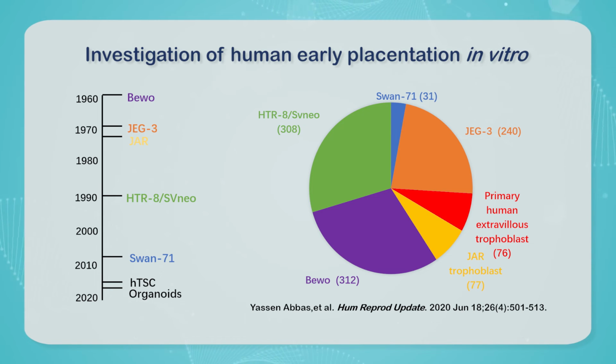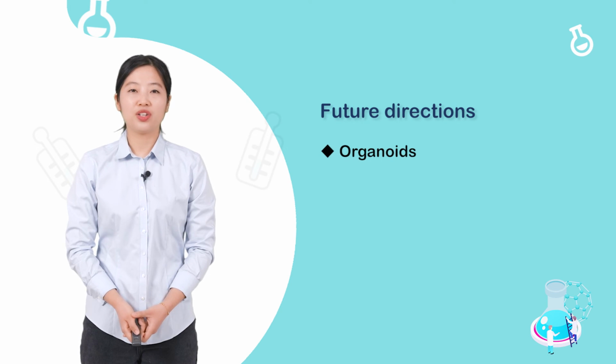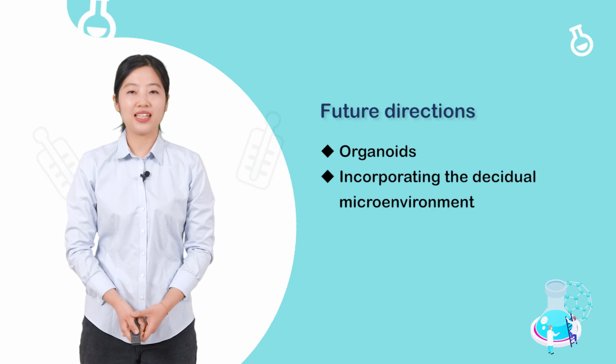Long-term expanding organoid cultures from purified first trimester cytotrophoblasts or human trophoblast stem cells, also known as trophoblast organoids, are also being demonstrated. In the future, the application of organoid culture systems, as well as co-culture of trophoblasts with decidual components, could better recapitulate the actual microenvironment of the maternal-fetal interface.